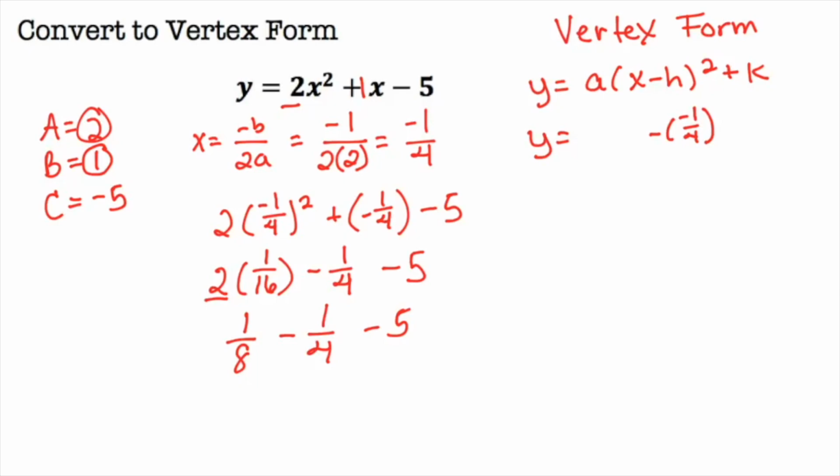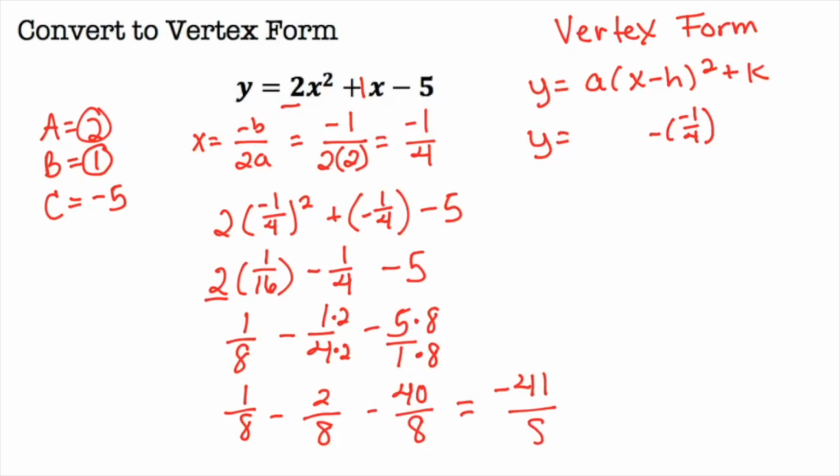So if we multiply this by 2, and this by 2, and this bottom by 8, and this top by 8, everything would turn into 1/8 minus 2 over 8 minus 40 over 8. So 1 minus 2 is negative 1. Negative 1 minus 40 is negative 41 all over 8.